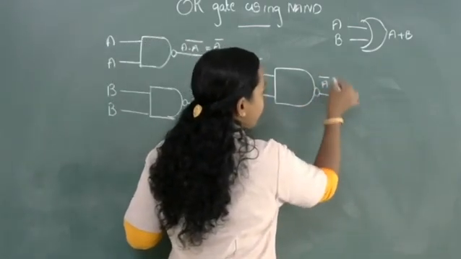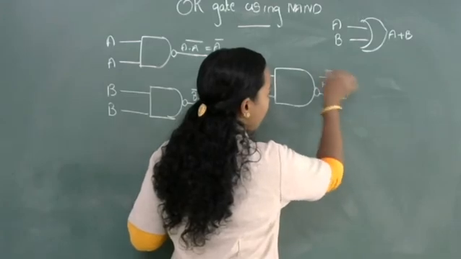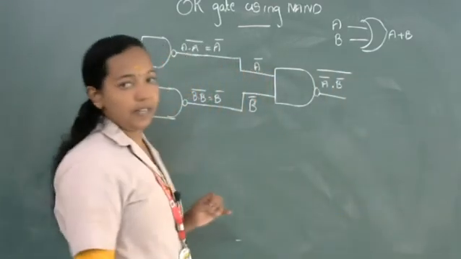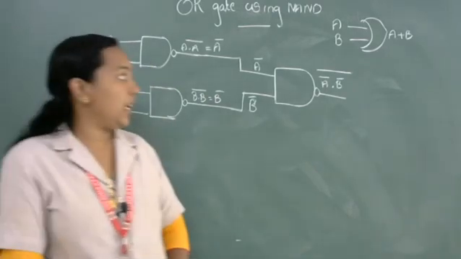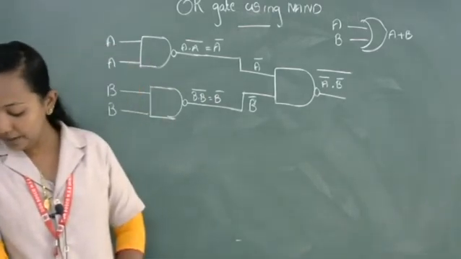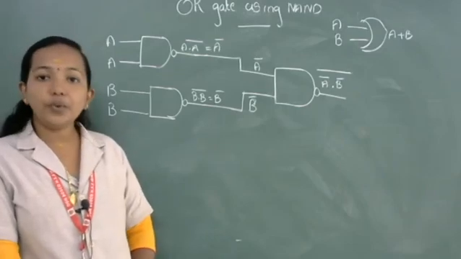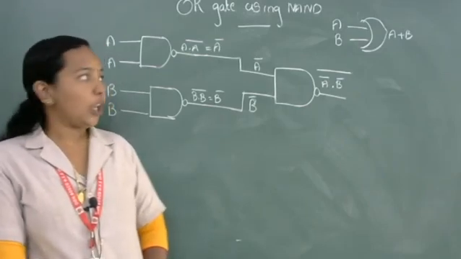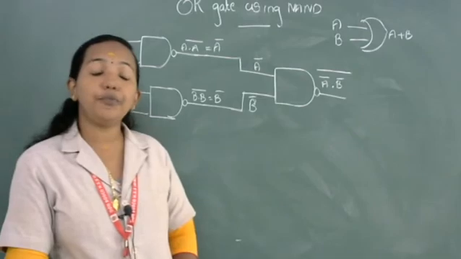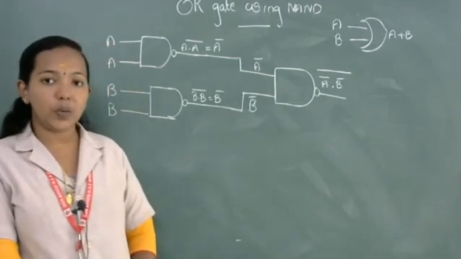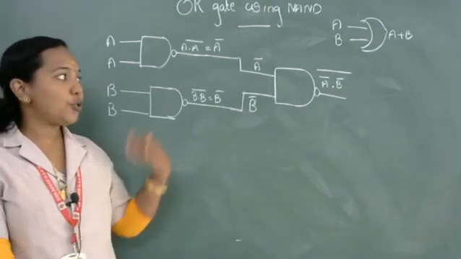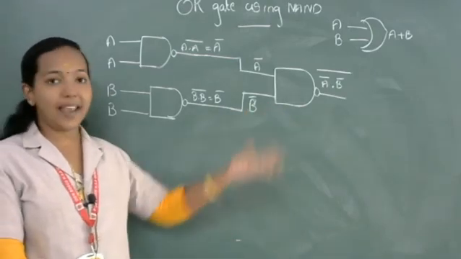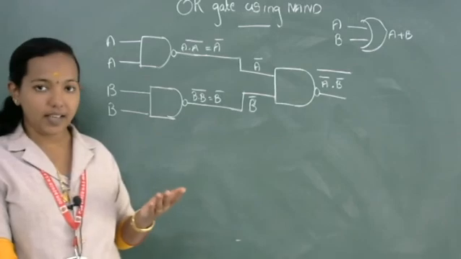A complement dot B complement all complement. So according to De Morgan's second theorem, the complement of a product of two Boolean variables is equal to the sum of their individual complements. So we can rewrite this expression using De Morgan's theorem.